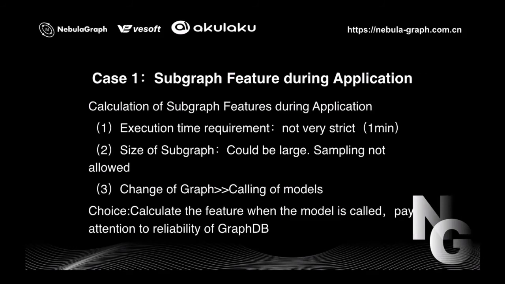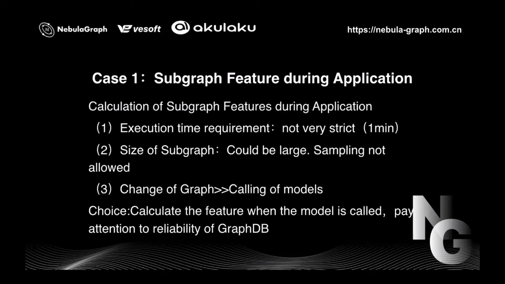As long as you can finish the whole process in 1 minute is fine. And second, the size of the subgraph could be large because sampling is not allowed when we are running the model. And third, the change of graph, which means the deletions and additions of edges in a graph, the number of deletions and additions are significantly larger than the number of calls of models.